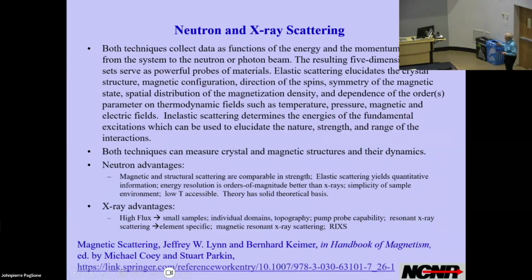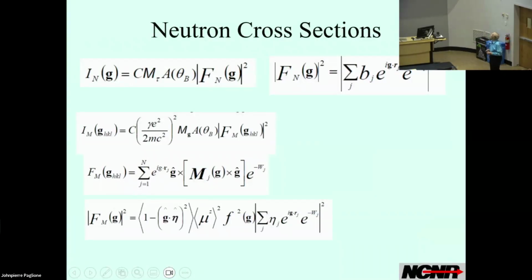I just threw this in so you can look at it at your leisure. Bernhard Keimer and I have a review on magnetic scattering for X-rays and neutrons, and there's the reference. Here are the neutron cross-sections. I'm not going to go through these in detail, but the structural scattering, we call that nuclear scattering because you're scattering off the nuclei, and that's just a structure factor that gives you elastic scattering.